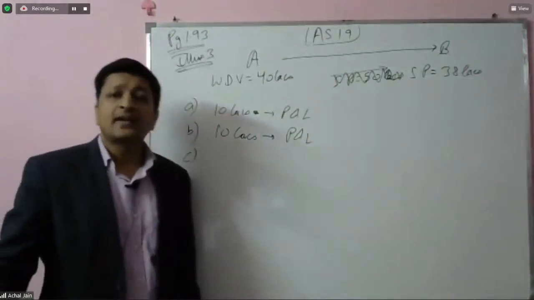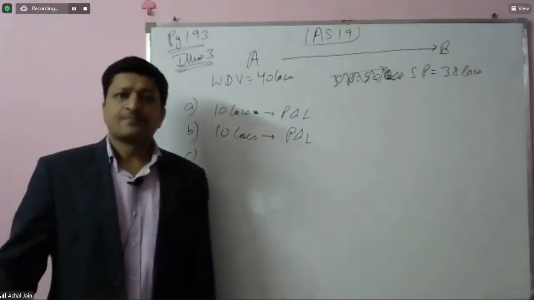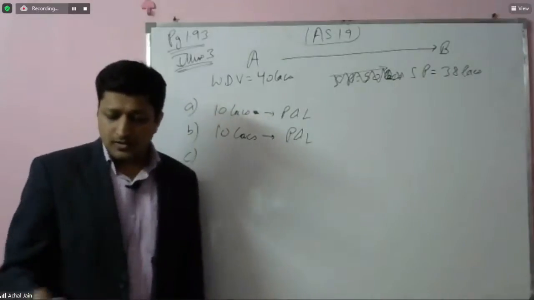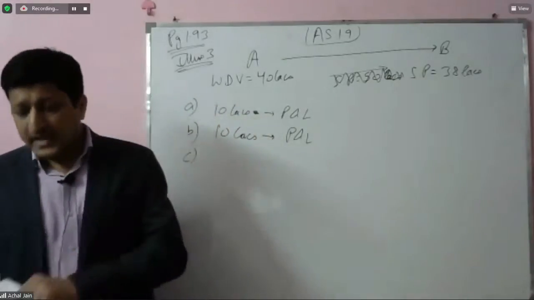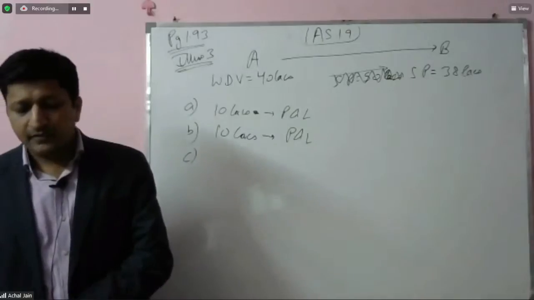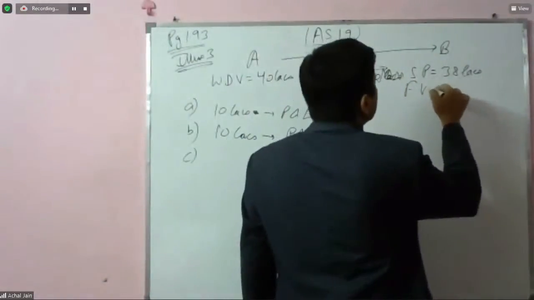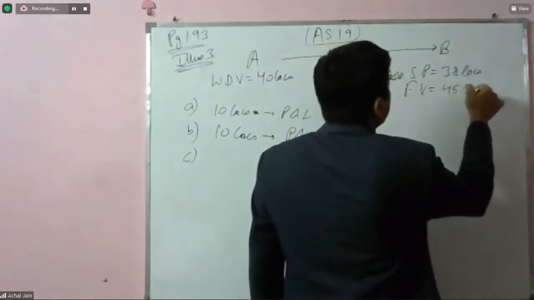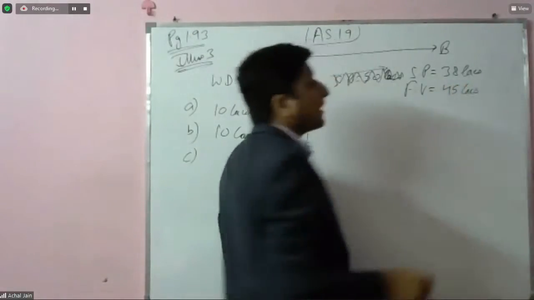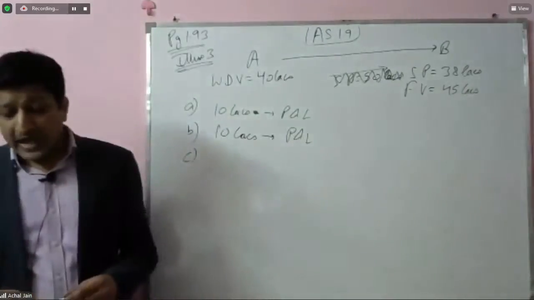It means it's sold at a loss, and the sale price is less than the fair value. Fair value is 45 lakhs. So now there's a loss of 2 lakhs rupees.